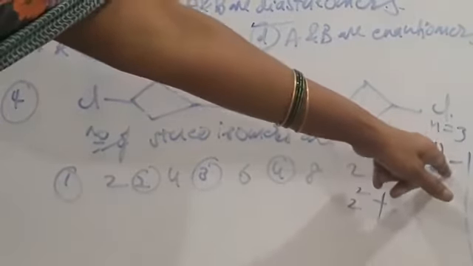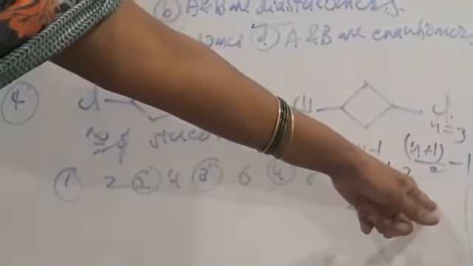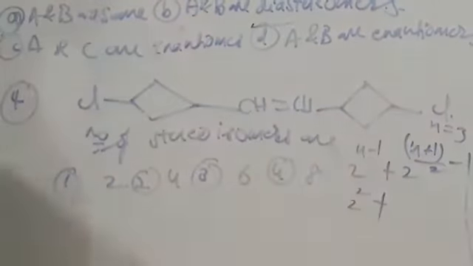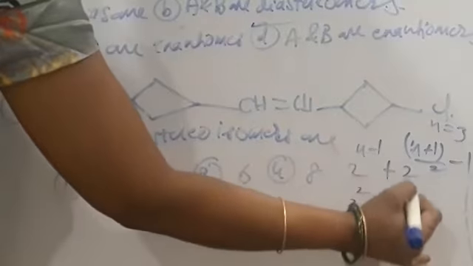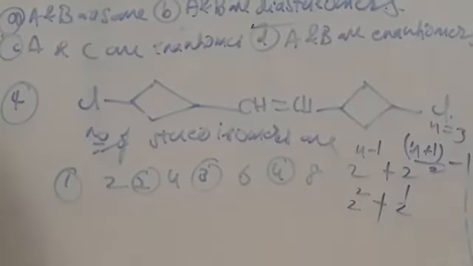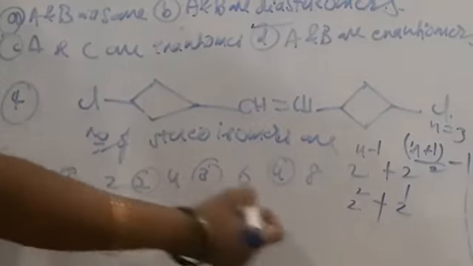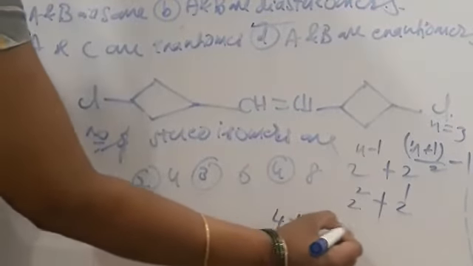Minus 1, 2 minus 1, 1. So 2 to the power 1. So 2 square plus 2 to the power 1. 2 square, 4, 4 plus 2. Total number of isomers is 6.